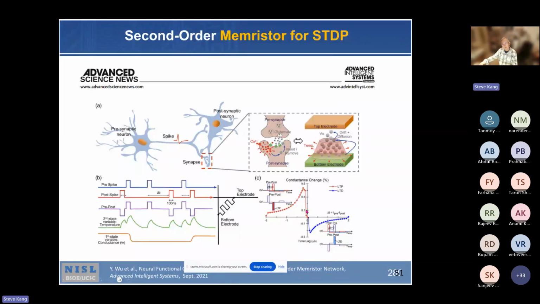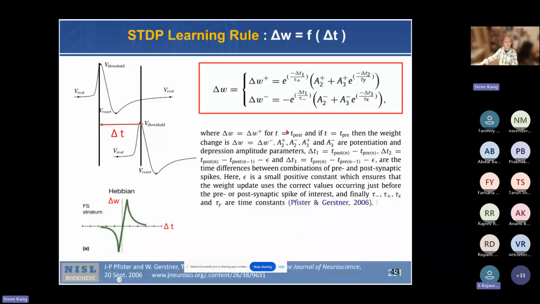If they do the real study and then simulation and the measurement, we are going through this origin here. So there is some short-term spike timing dependent learning rule. The weight change is a function of delta t, the timing difference, right?